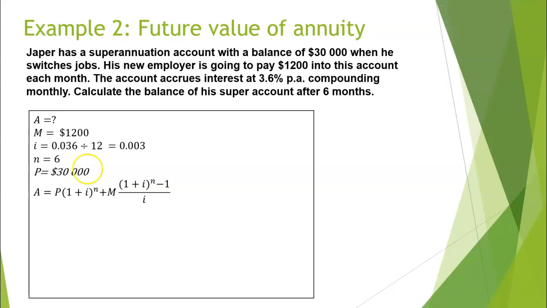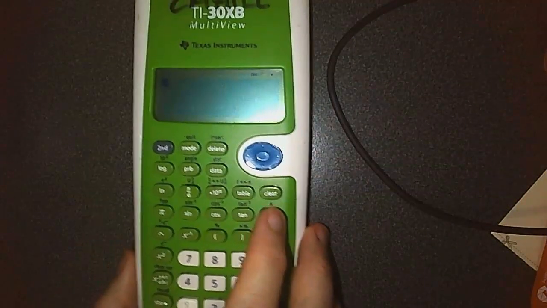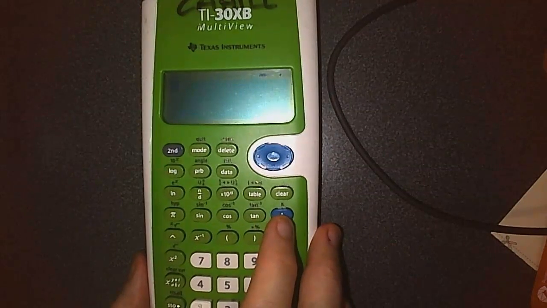So in this instance, we have to use the two formulas together. So this part of the formula is the compound interest formula based on the $30,000, and here is our future value based on the annuity. So I substitute in, and I can't do this in my head, so I'm going to get out my trusty calculator, clear my previous information, and we're going to do this in two separate parts.